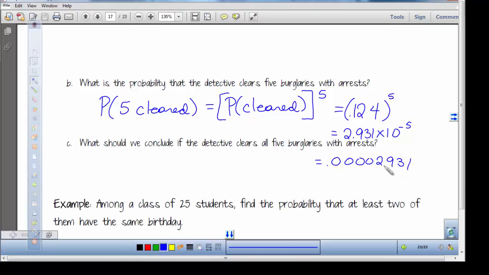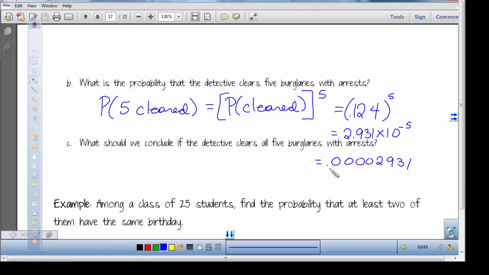The decimal was here, and if we move it 5 places to the left, we get 1, 2, 3, 4, 5. So a very, very, very small chance that the detective would clear all 5 of the burglaries with arrest.